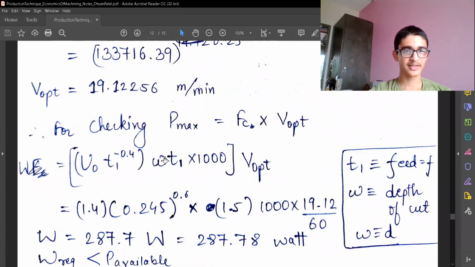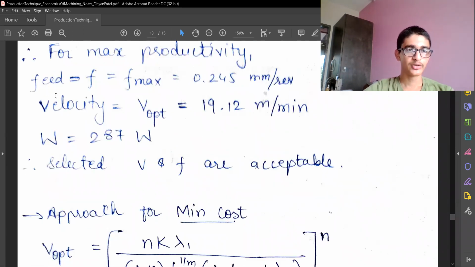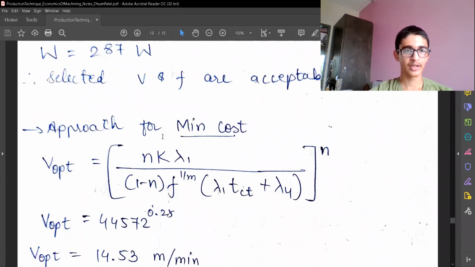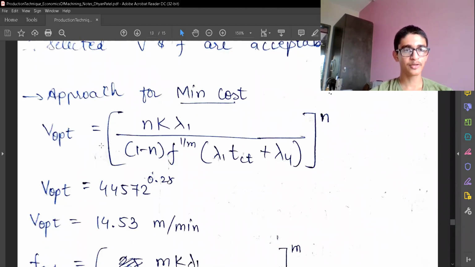Now to minimize the cost, let me just show that. The feed is given, that is the maximum feed. The velocity optimum we found for the maximum productivity case, and the selected velocity and feed are acceptable. Now to find the minimum cost, the V optimum will be this. We know the formula. We are given all the things which are required: the machining constants, the labor cost lambda 1 and lambda 4, TCT, everything.